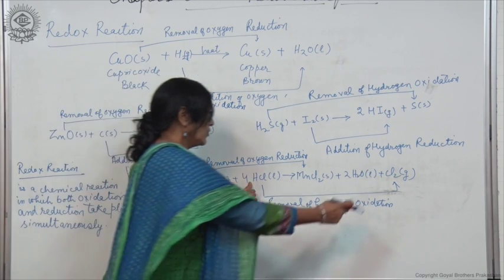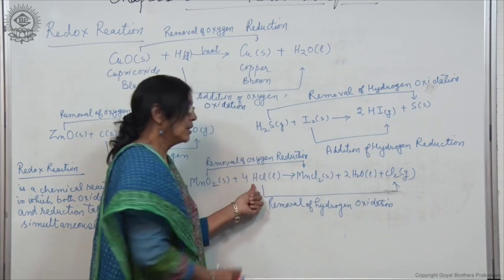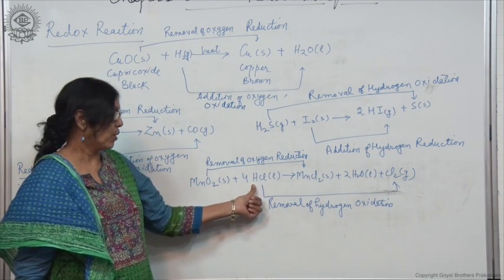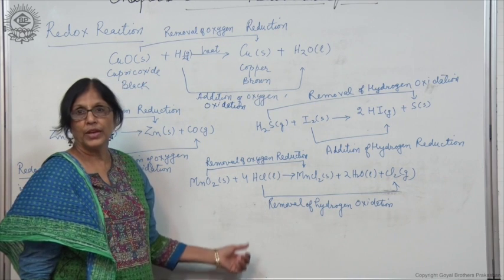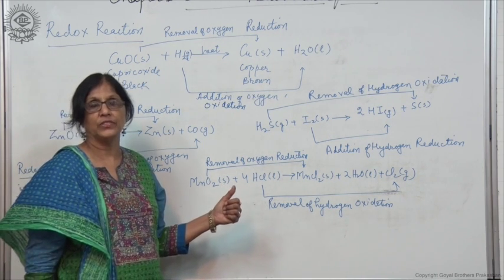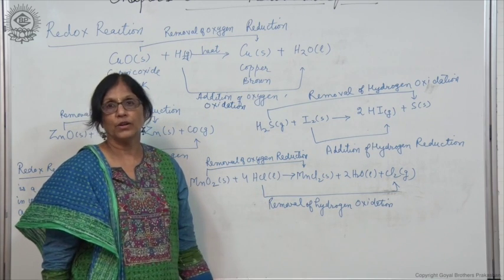HCl is forming Cl2. So, what is happening here? Hydrogen has been removed, and what is the removal of hydrogen called? It is called oxidation. So, here also both oxidation and reduction are taking place simultaneously, and so this is also an example of redox reaction.